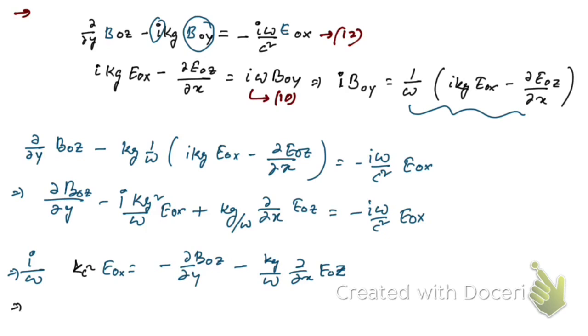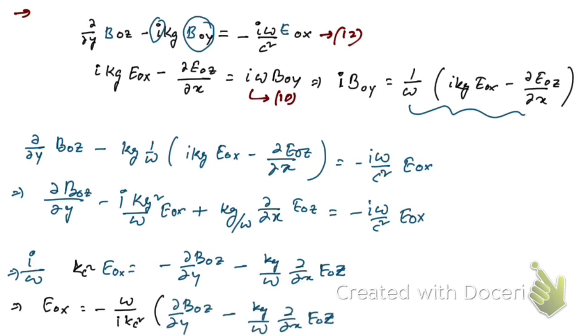So now E0x will be equal to minus omega by i kc square, right? And within bracket we have got this, after taking minus sign common, this will be plus, right?